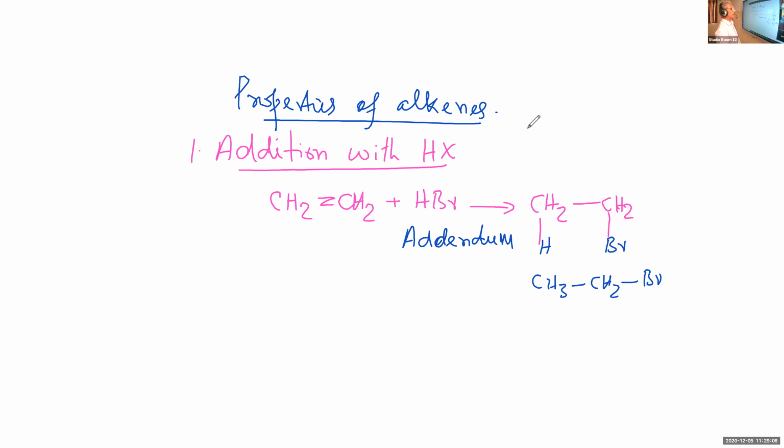The CH3CH2 group is called the ethyl group. So the pi bond is broken, hydrogen is added to one carbon and bromine is added to the other carbon.